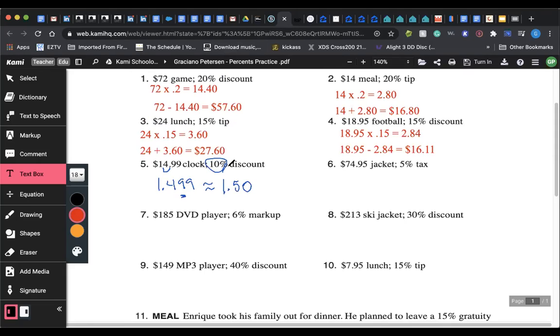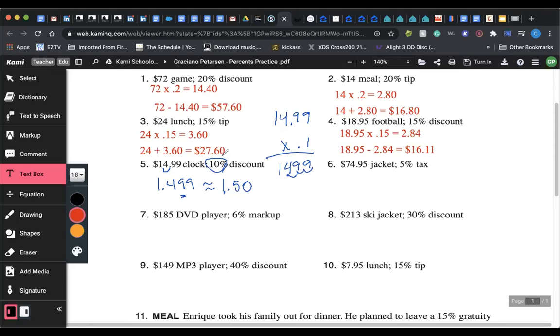Okay, so whenever I have 10%, I don't really need to do the multiplication. It's going to give you the same answer, but I don't need to work out all of these steps here. I have 3 decimal places, 1, 2, 3. Look, I ended up with 1.499, which I have to round up to 1.50.